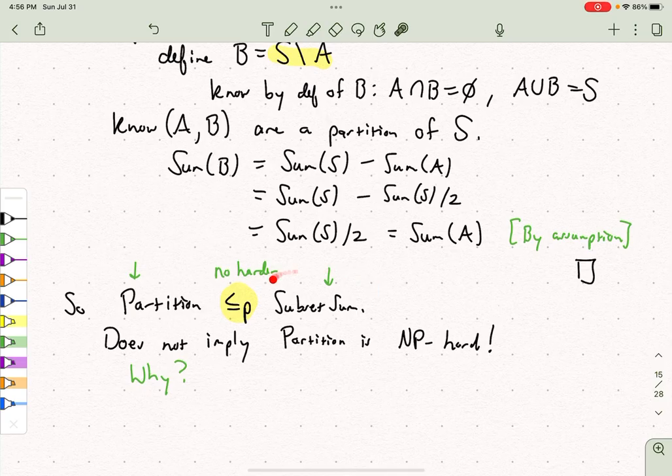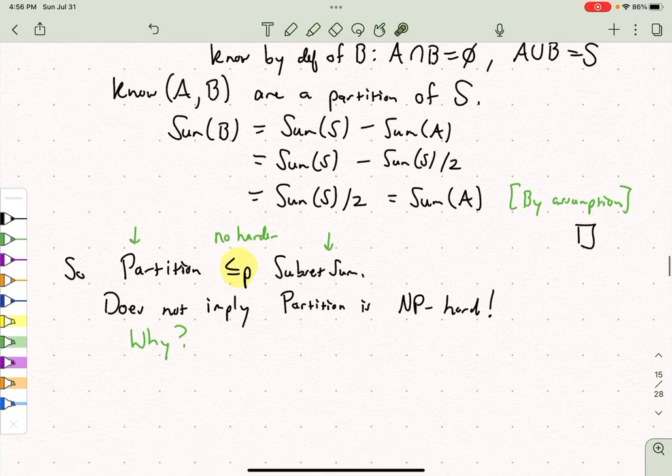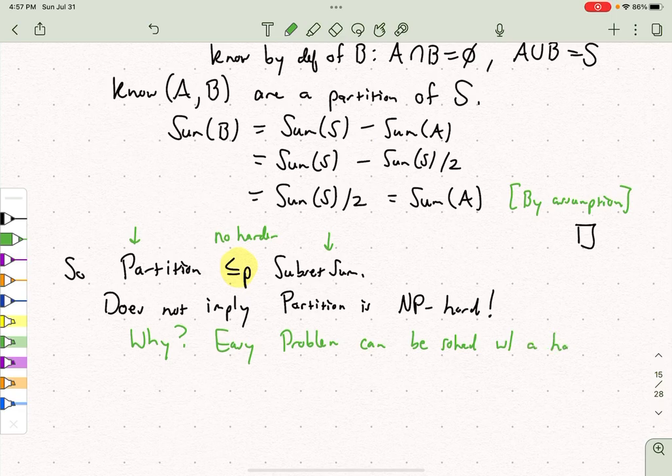Of course, if you reduce to a harder problem, you can use a harder problem to solve an easier one. So we've just shown that an easy problem can be solved with a hard one. That's all we've showed.